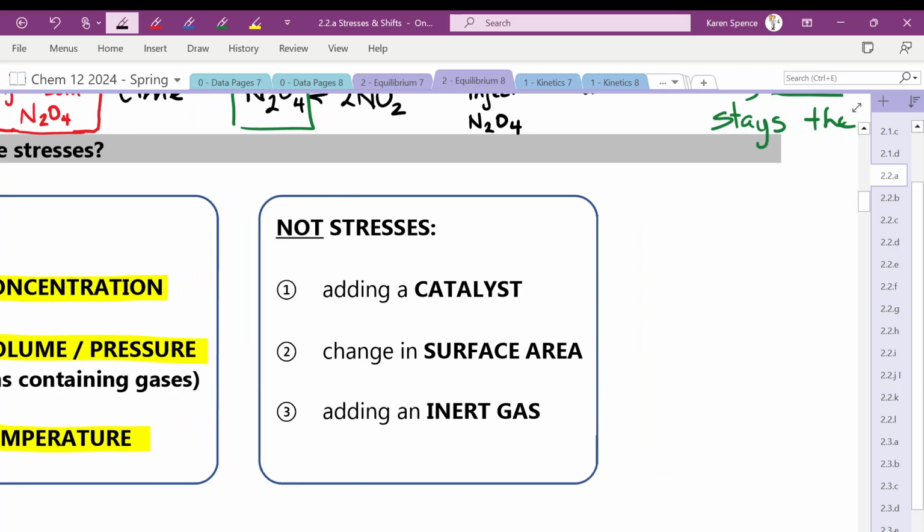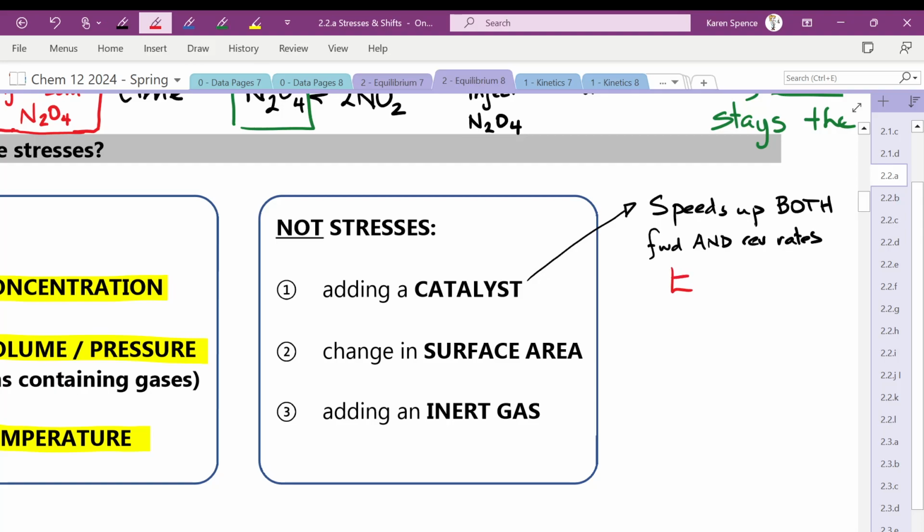So a catalyst speeds up both forward and reverse rates equally.